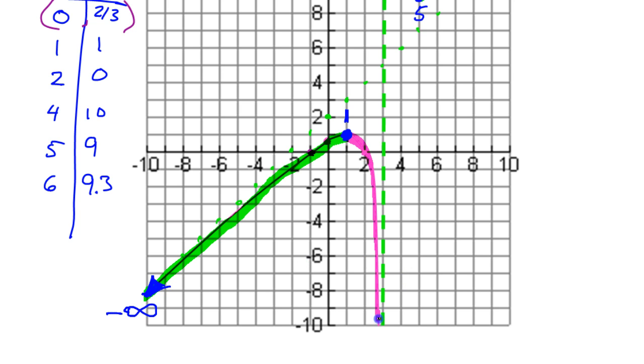Okay? Now, over here on the right of this pink area, this is not actually an infinity. Even though I'm putting this arrow here, the x value is approaching the asymptote, which is at 3. So this is going to count as 3. Alright, because it's going to just keep getting closer to that asymptote.